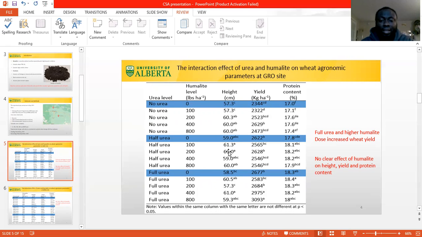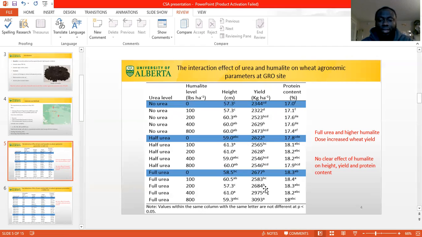So the highest height was found in the treatment of half urea and 100 pounds per hectare humalite, and the lowest was found in the no urea and 0 and 100 pounds per hectare humalite. But as we can see, even though the highest was found in a treatment with humalite, we didn't see much clear difference between the treatments, as most of the figures have the same letters.